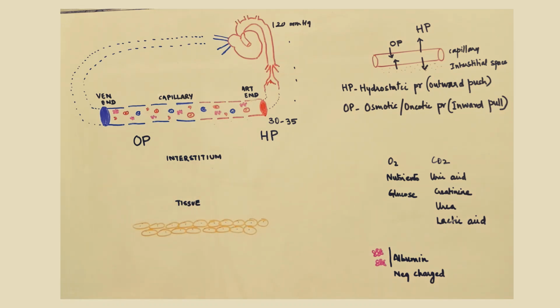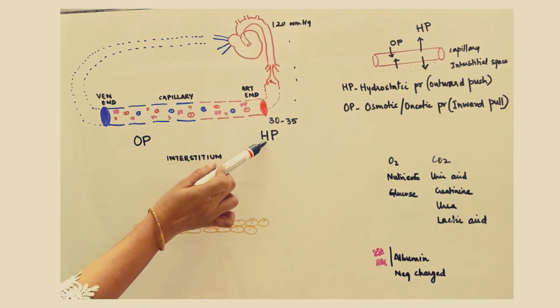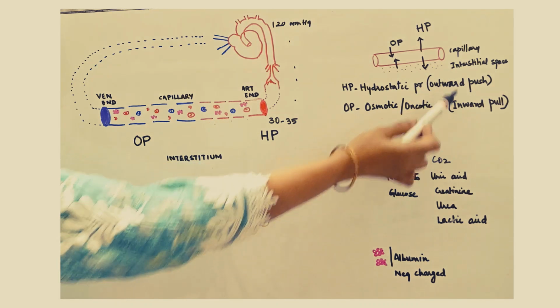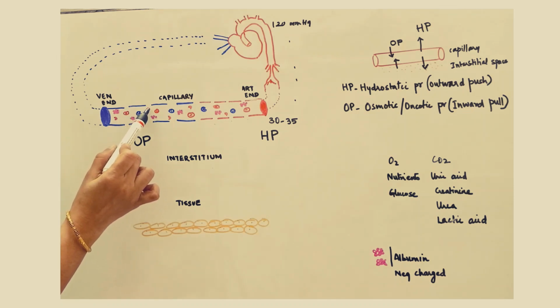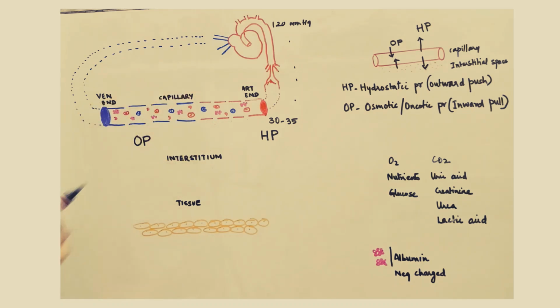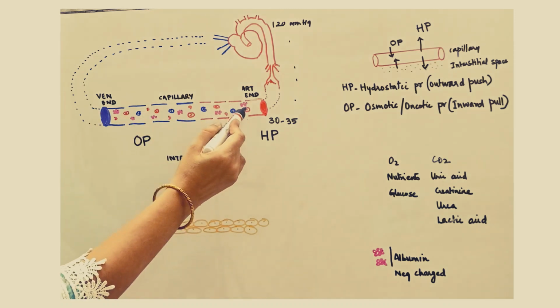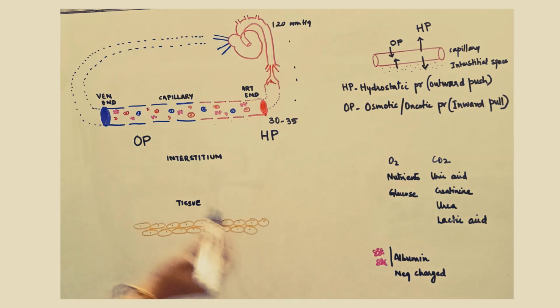The pressure that drives fluid out of the blood is called hydrostatic pressure. But larger molecules like the WBCs, the RBCs, platelets and proteins cannot pass through and they remain in the capillaries. The proteins in the blood, especially the albumins, are negatively charged.